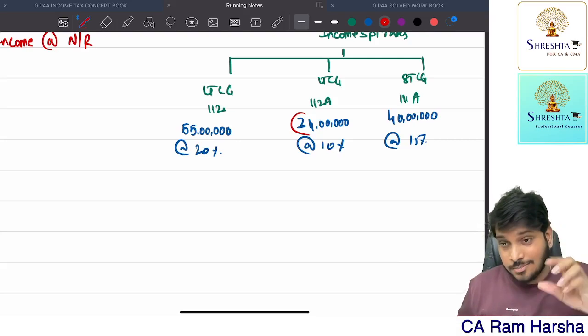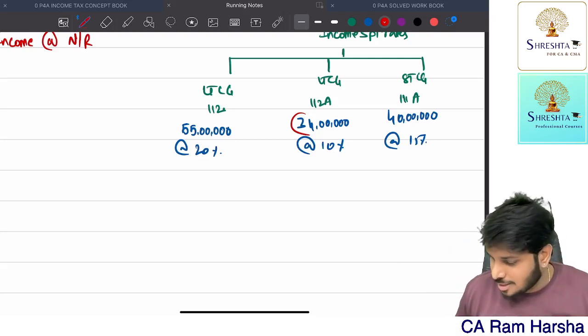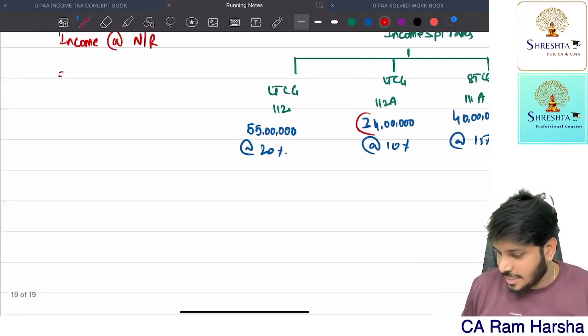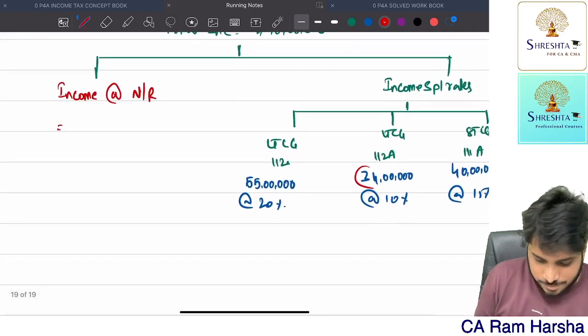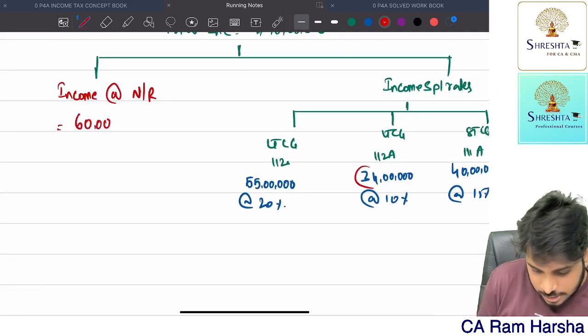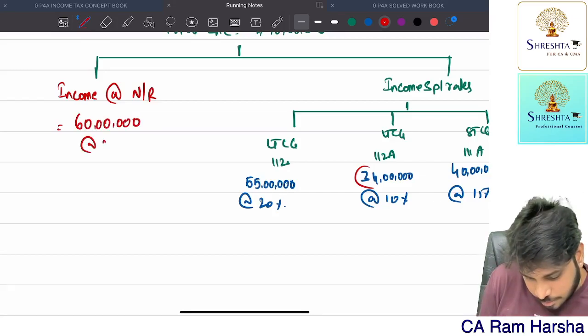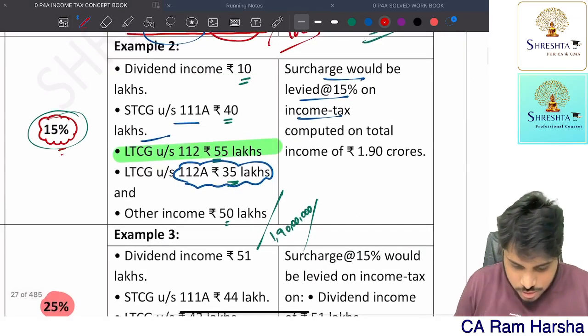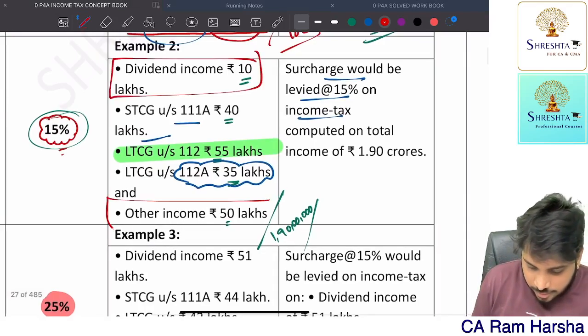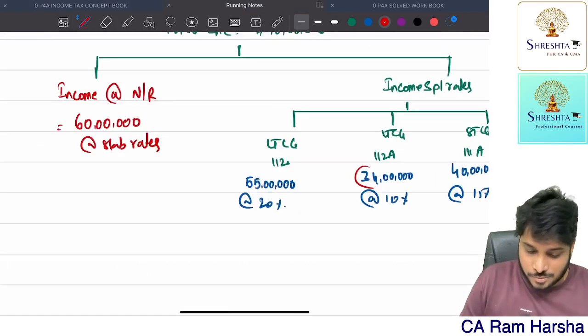Why? From total income, the entire special-rate income I have to remove. Minus 40. Getting it? How much is that? 60 lakhs. The normal income is 60 lakhs, which is taxable at slab rates. You see, dividend income is there and other income 50, totally 60. Just a cross verification.